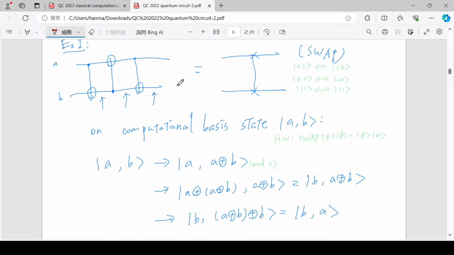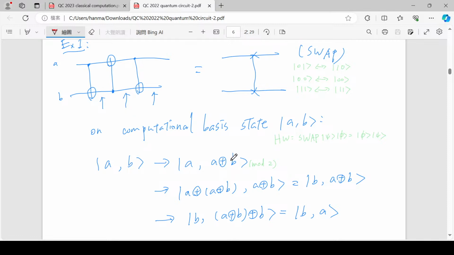And this is where the algebraic expression is very useful. So we can have AB input, then we can just do this algebraic computation. As we say, the C0 will add the control to the target. So AB becomes A, A plus B, and this all means addition mod 2. And then we apply this.